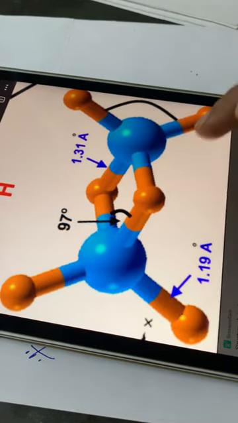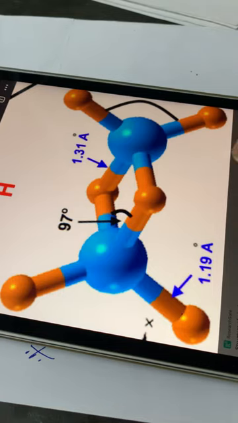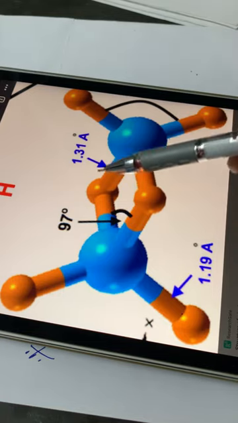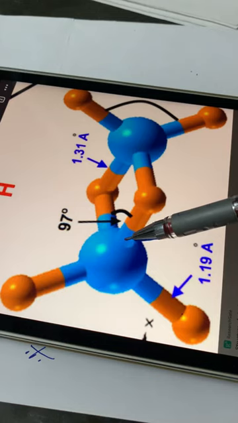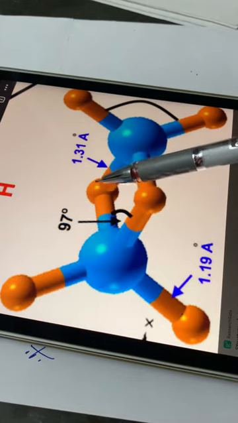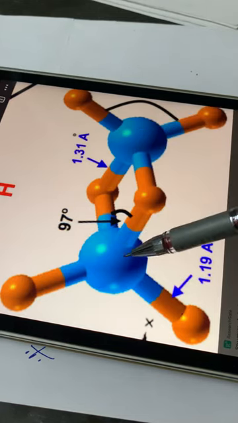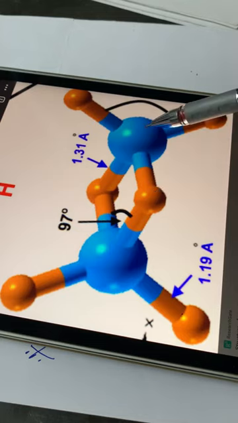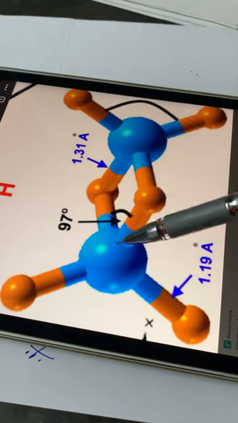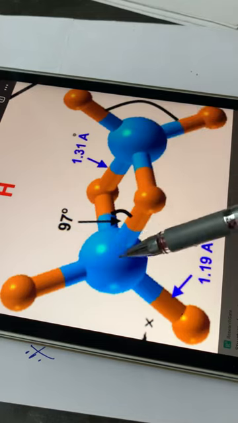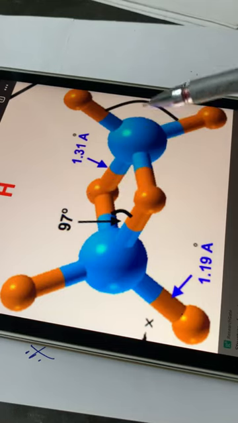So this is the structure of B2H6, diborane. So here we can see the BHB bond. This is BHB and this is another BHB. So how many BHB bonds are there? 2 BHB bonds are there, isn't it? The first one, this is the first BHB, this is the second BHB.